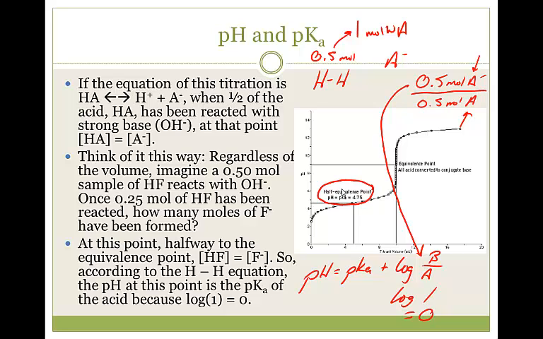So at halfway to the equivalence point, because each time we add a strong base to a weak acid we're forming conjugate base, when we're halfway there, we have exactly the same amount of conjugate base and acid, and what that does for us is result in a log of 1 in our Henderson-Hasselbalch equation, and we get the pH equaling the pKa. And we'll practice many problems where that is the case.